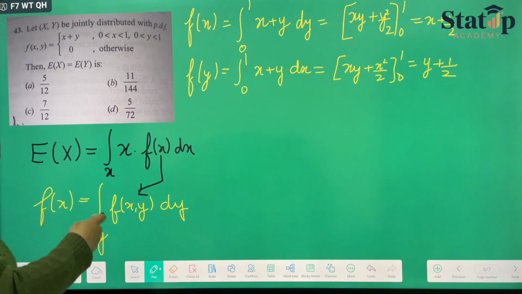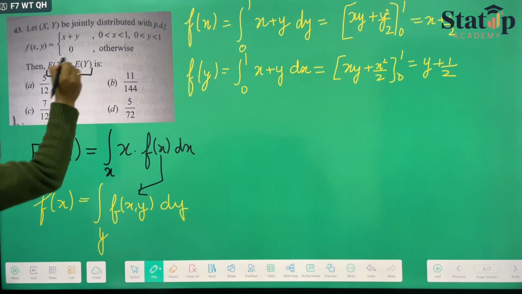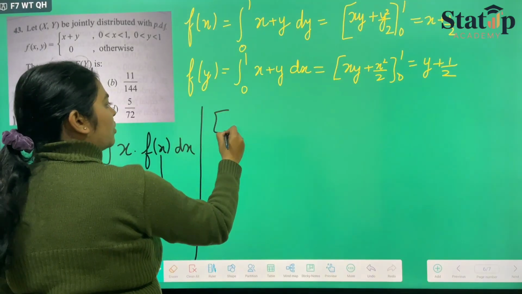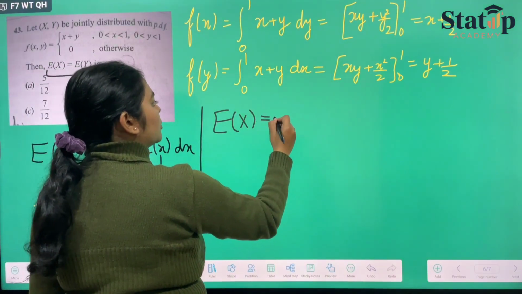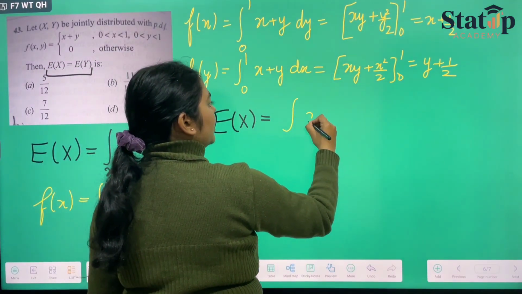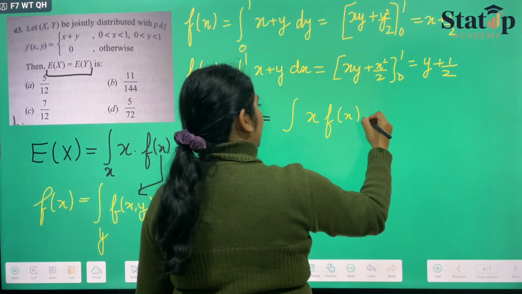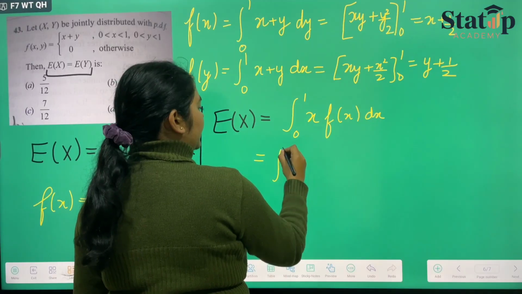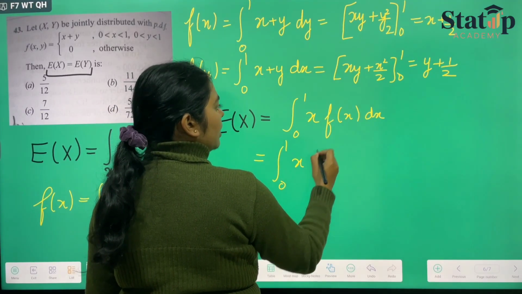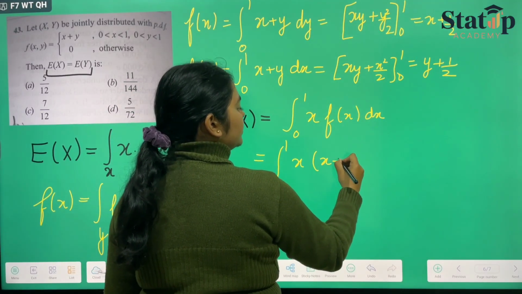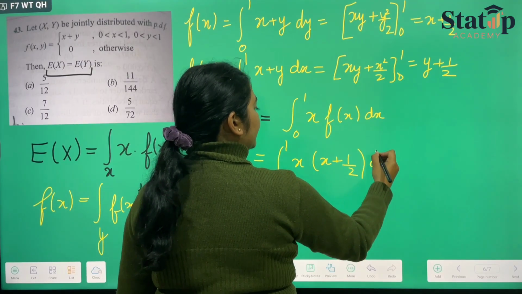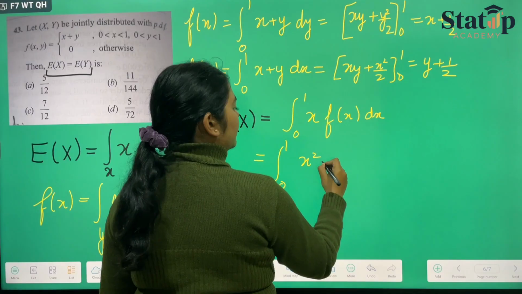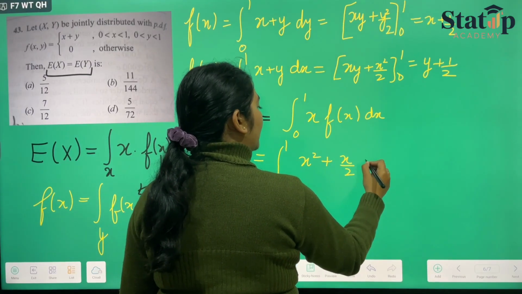Now, since they have given us that the expectation of x is equal to the expectation of y, we can take either of them. I am taking the expectation of x. Expectation of x is nothing but the integration of x fx dx, over x only. So if we integrate x times fx, which is x plus 1 by 2, dx, this can be written as x square plus x by 2 dx.